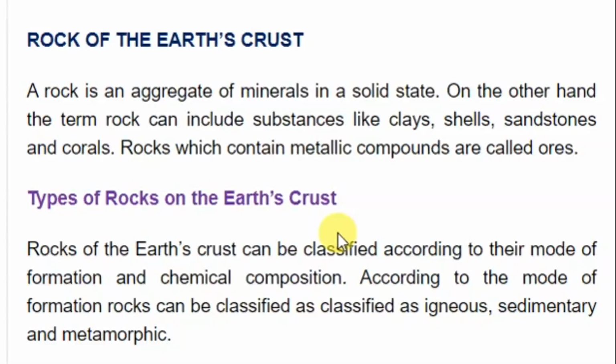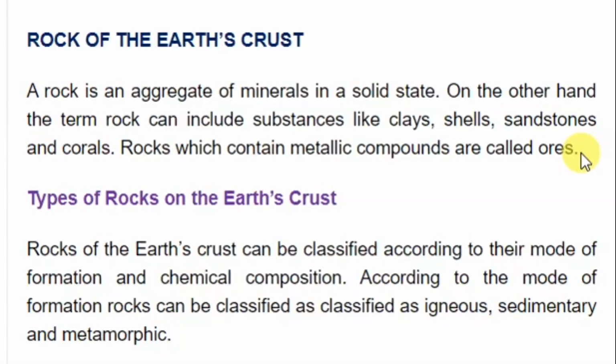If you are studying Form 3 chemistry, we study the extraction of metals, and in the extraction of metals we use metal ores to extract the metals. So the rocks which contain metallic substances are called ores.